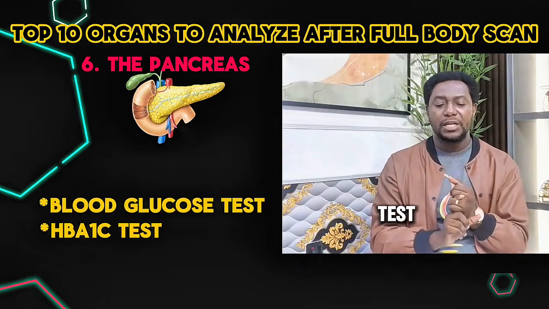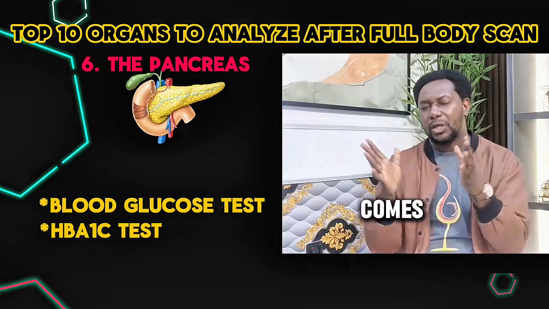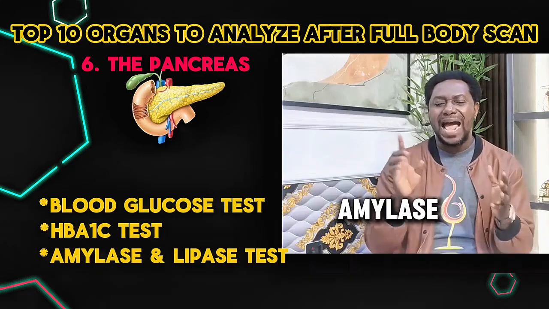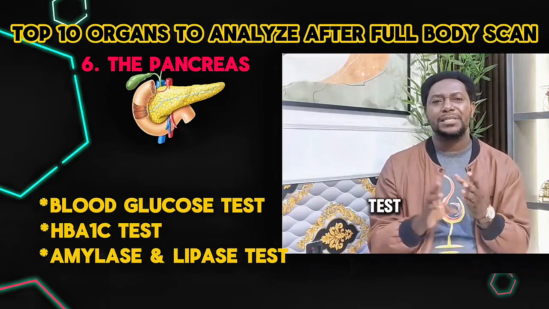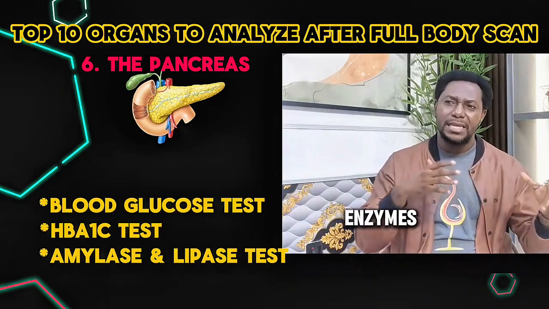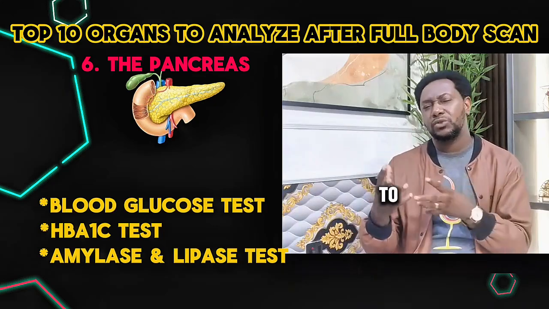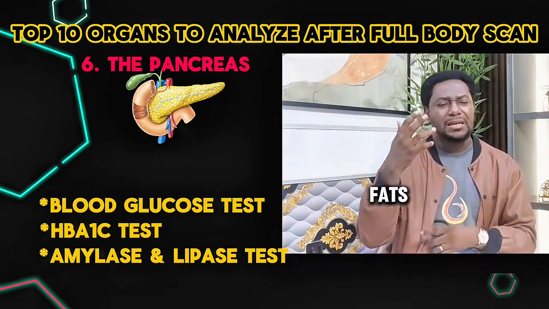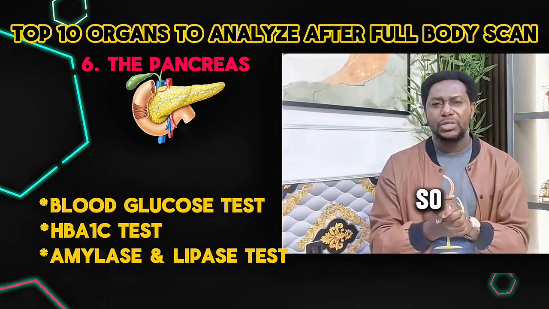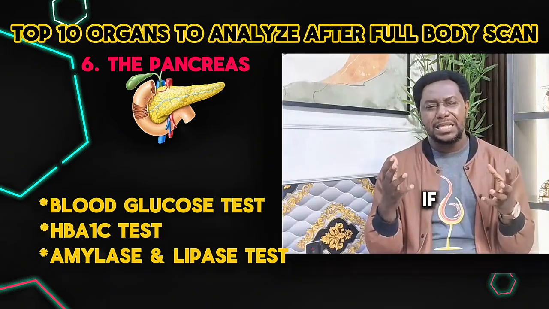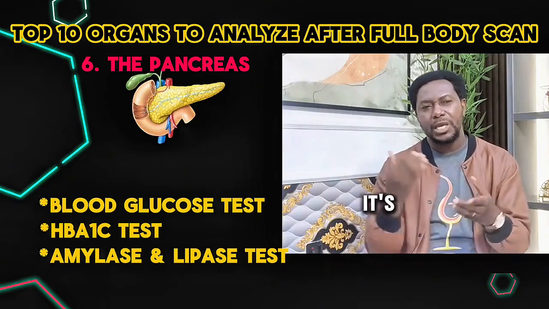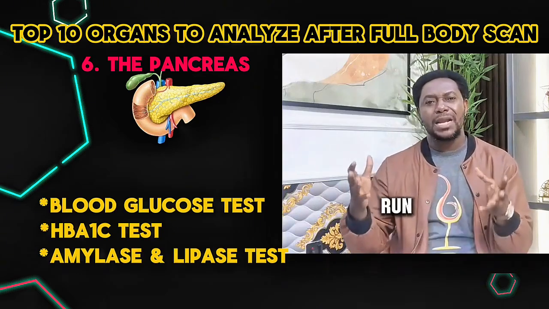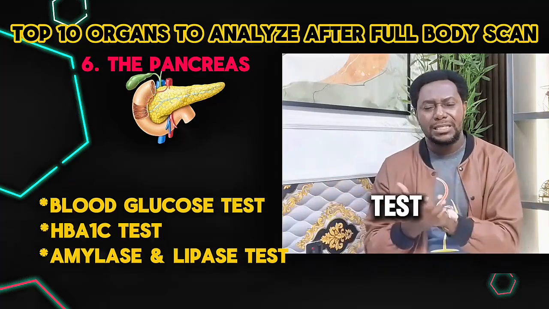Another test you could run when it comes to the pancreas is the amylase and lipase test. Those are different enzymes used to break down fats and so on. If these enzymes are not actively working, it's going to reflect when you run an amylase and lipase test.